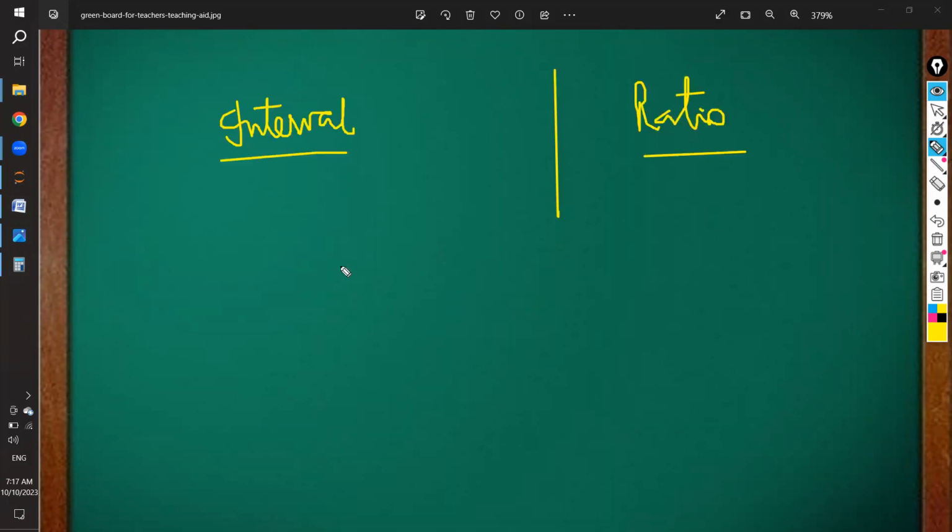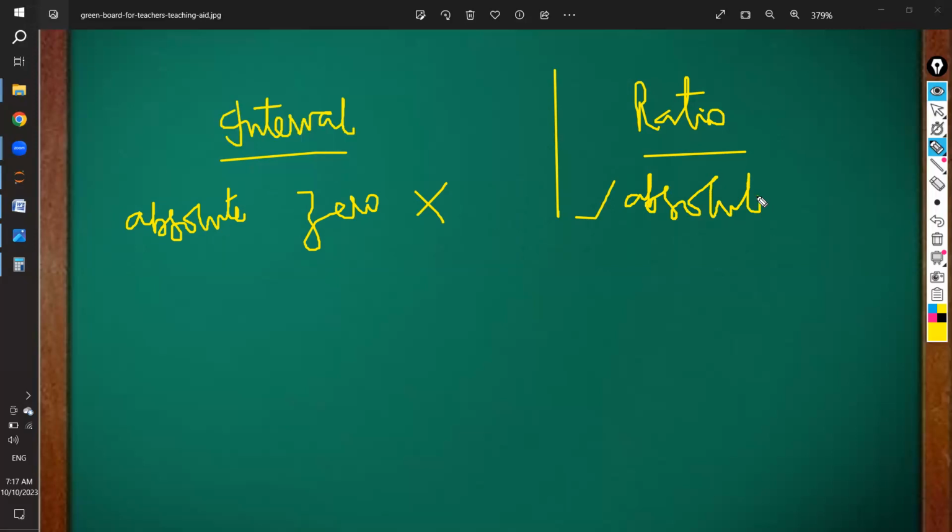The main difference is that interval will not have an absolute 0, while ratio will have an absolute 0. So just try to understand what is absolute 0 or not.